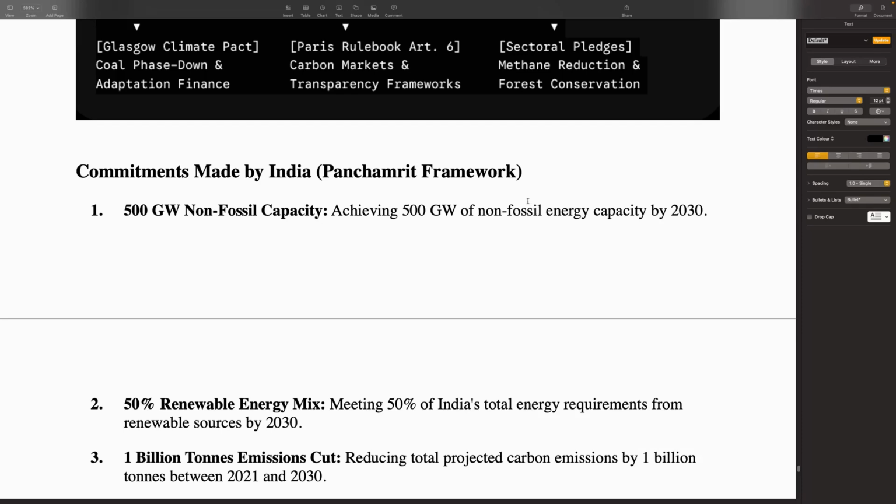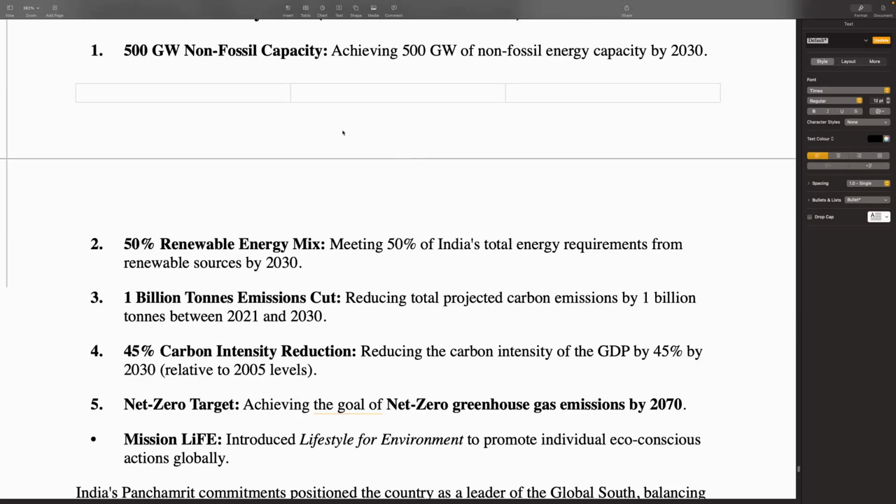Commitment made by India, Panchamrit framework. 500 gigawatt non-fossil capacity, achieving 500 gigawatt of non-fossil energy capacity by 2030. 50% renewable energy mix, meeting 50% of India's total energy requirements from renewable sources by 2030. 1 billion tons emissions cut, reducing total projected carbon emissions by 1 billion tons between 2021 and 2030. 45% carbon intensity reduction, reducing the carbon intensity of GDP by 45% by 2030 relative to 2005 levels.